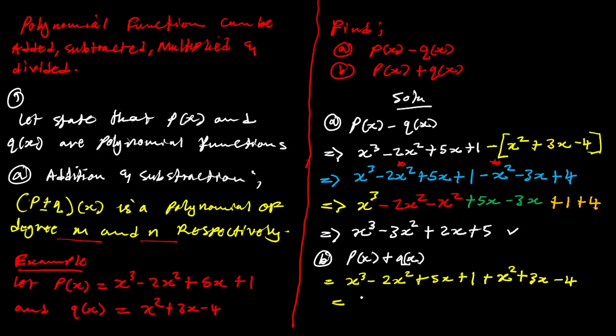The negative 2x squared and x squared is going to be negative x squared, and then 5x plus 3x is going to give you 8x, and then 1 minus 4 is negative 3, and this is your final answer. So this simply means that polynomials can be added and subtracted, just like we have observed in this particular example.